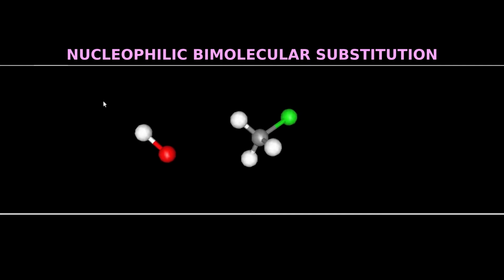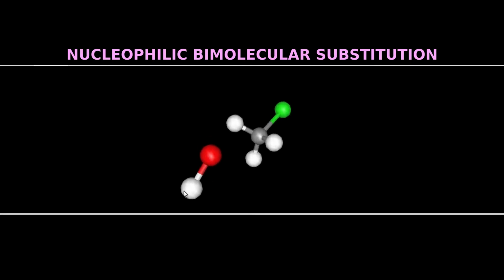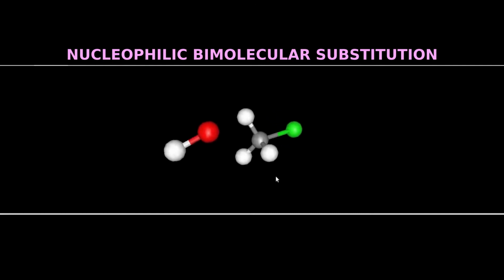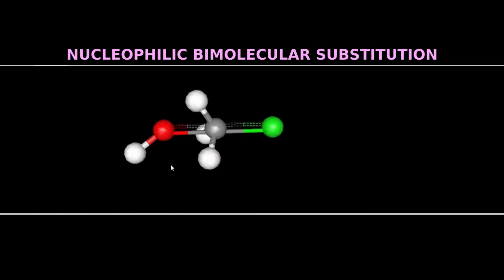Therefore, first a partial bond forms between the oxygen of the hydroxide ion and the carbon, and the leaving chloride ion also has a partial bond with the carbon. Therefore the produced alcohol has an inverted configuration of the parent chloromethane, because the hydroxide ion approaches just opposite from the leaving chloride ion.